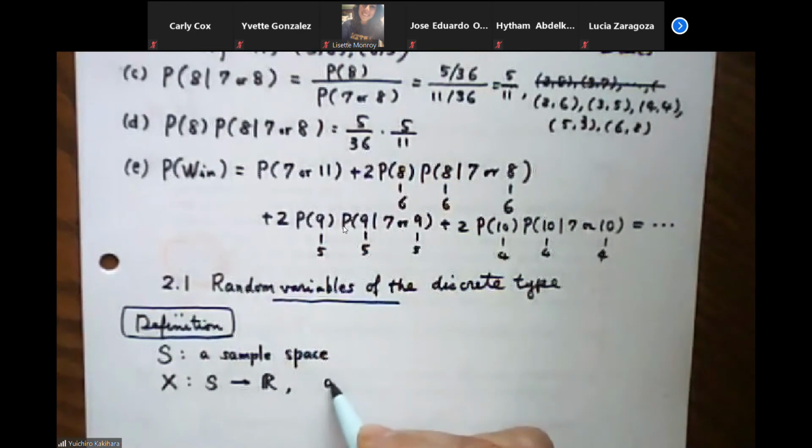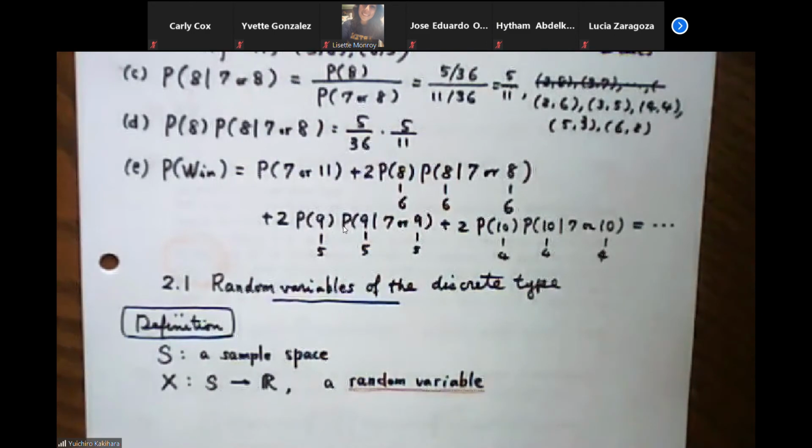This is called a random variable. A random variable is a function defined on sample space.